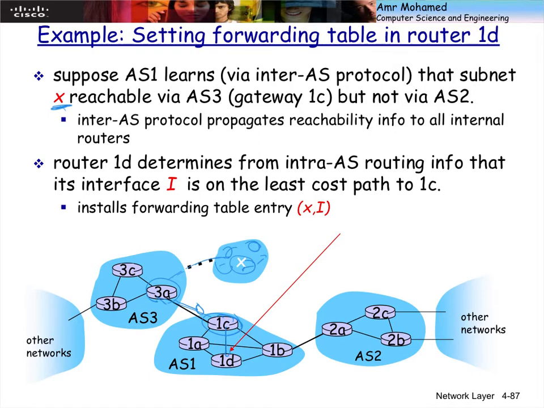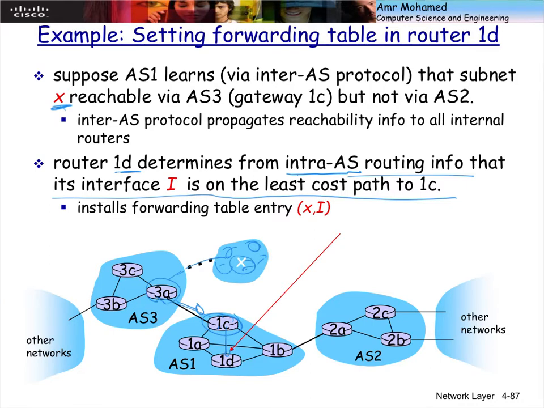So that's known. Okay, in that case, router 1D determines from the intra-autonomous system routing information that its interface I is the least-cost path to 1C. So it knows exactly how to reach 1C through the interior gateway routing protocols.